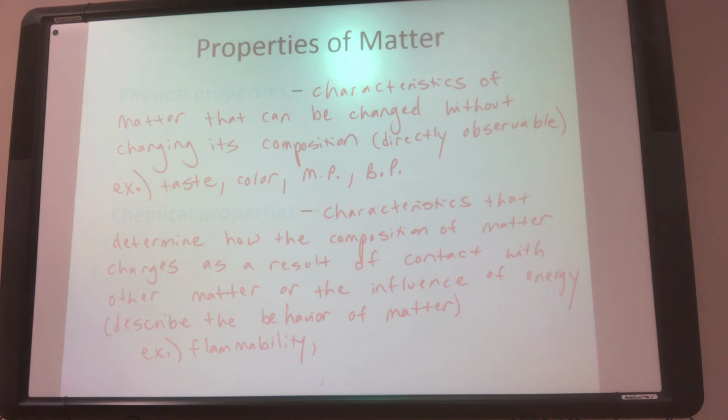Another thing is, depends on how it interacts with, so some things, if it interacts with air or with water, it can become corrosive. So corrosiveness would be an example. Another one is acidity. So these are going to describe how my compound is going to behave.